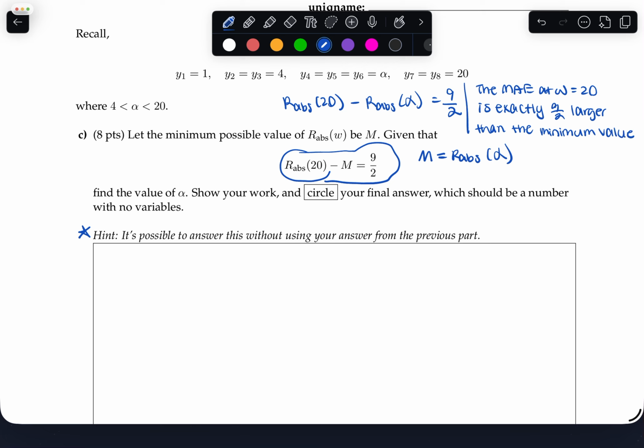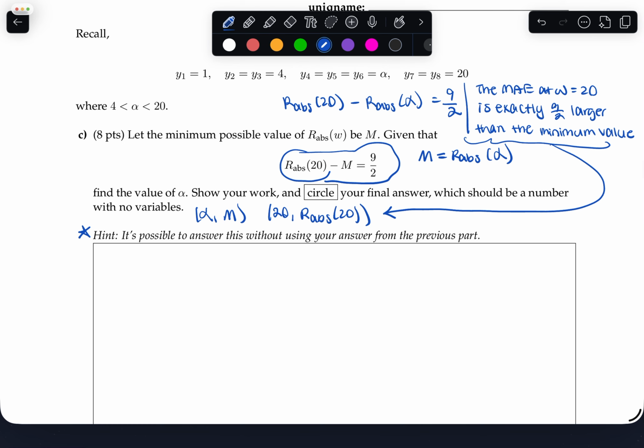This is describing the vertical distance between the 2 points on the MAE graph: the minimum point (alpha, m) and the point (20, R_abs of 20). So the vertical rise between them is 9 over 2.